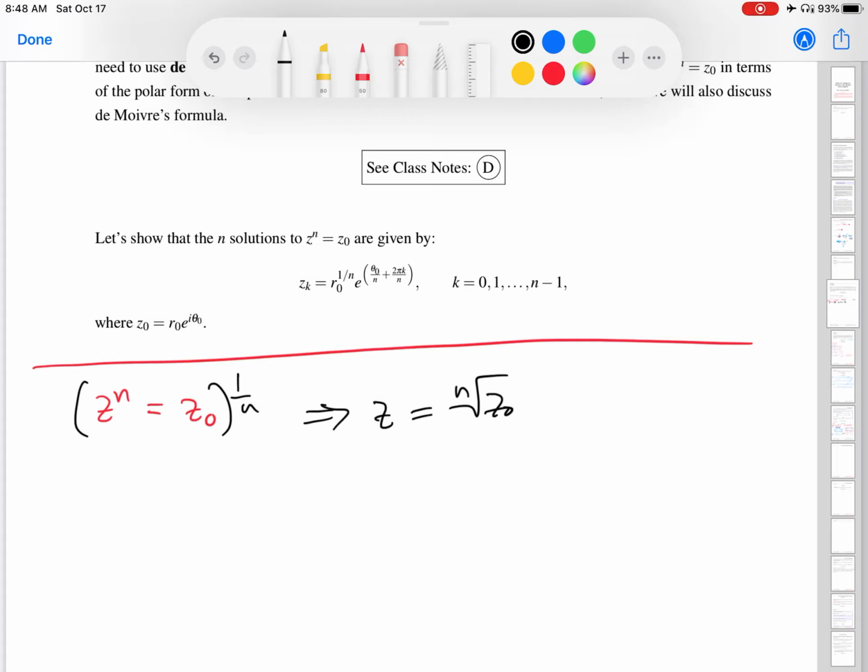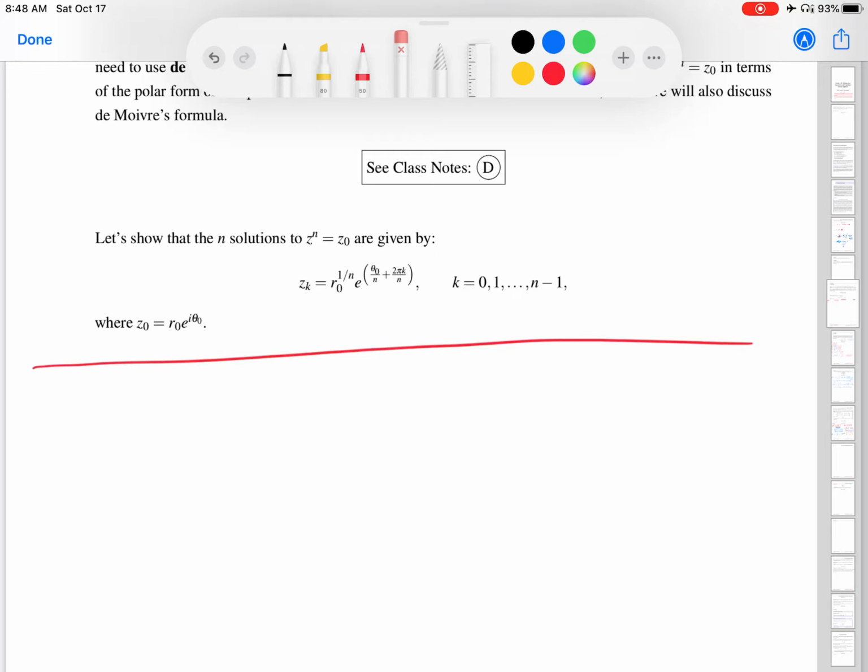But if n is like 10, for example, I will get the 10th root of some complex number, and it seems like I only get one complex solution when in fact there should be a ton. Actually, there should be exactly n. That's what the fundamental theorem of algebra tells us. So if I just take the nth root, I am not going to obtain all of the solutions that I should obtain.